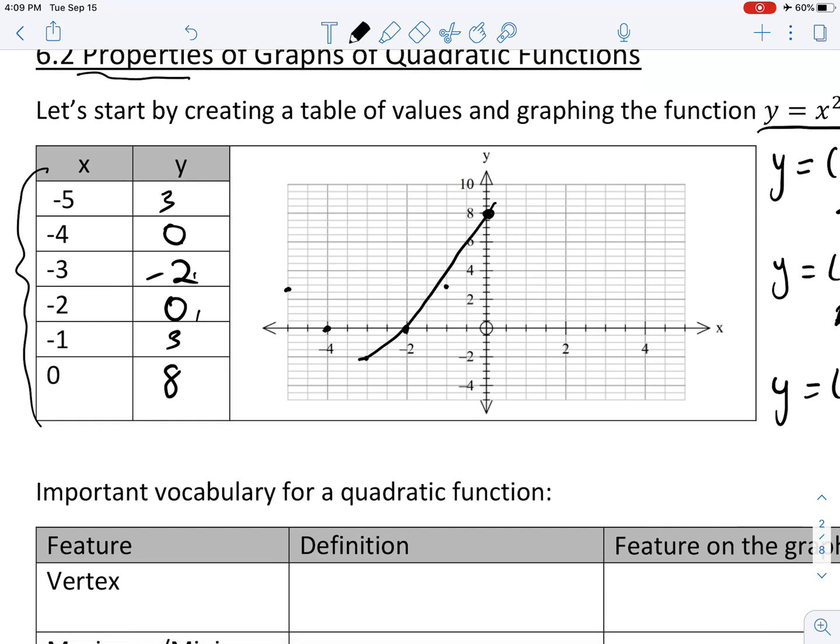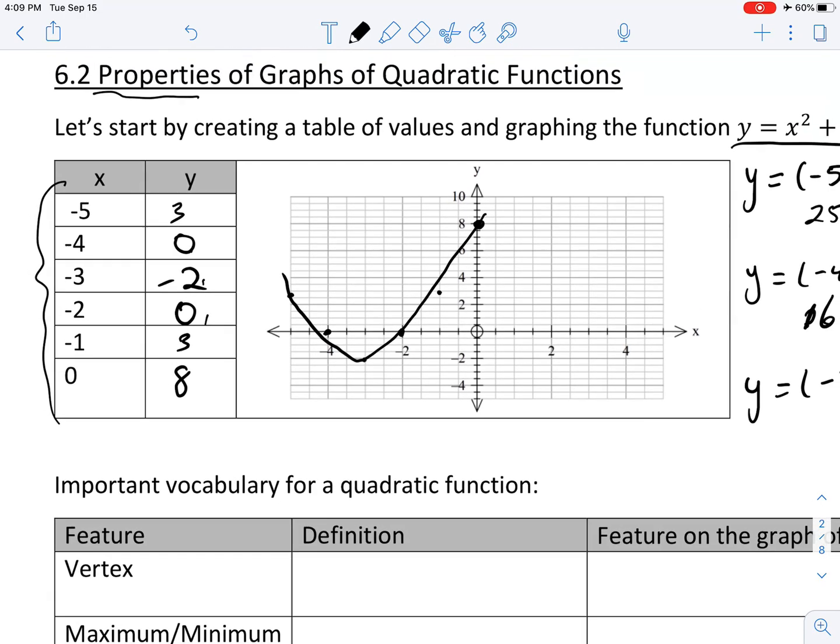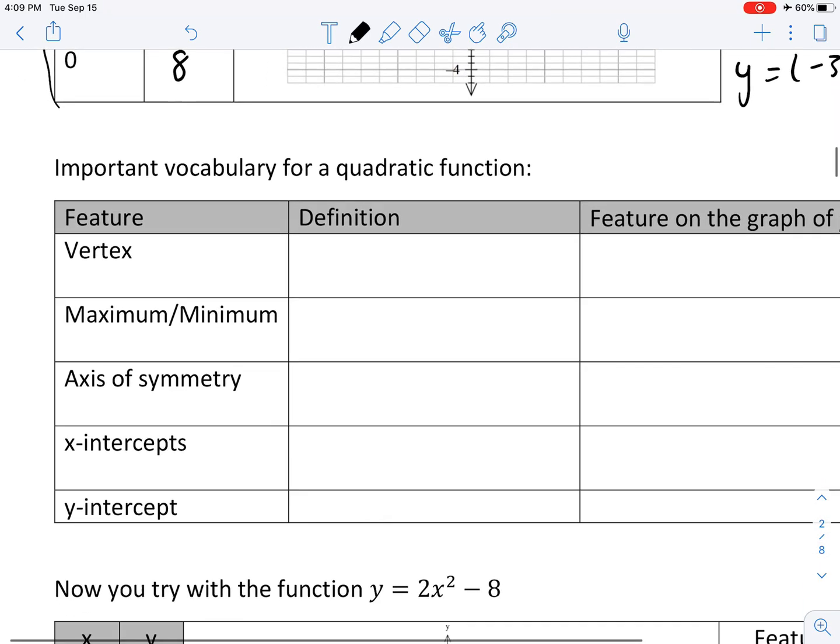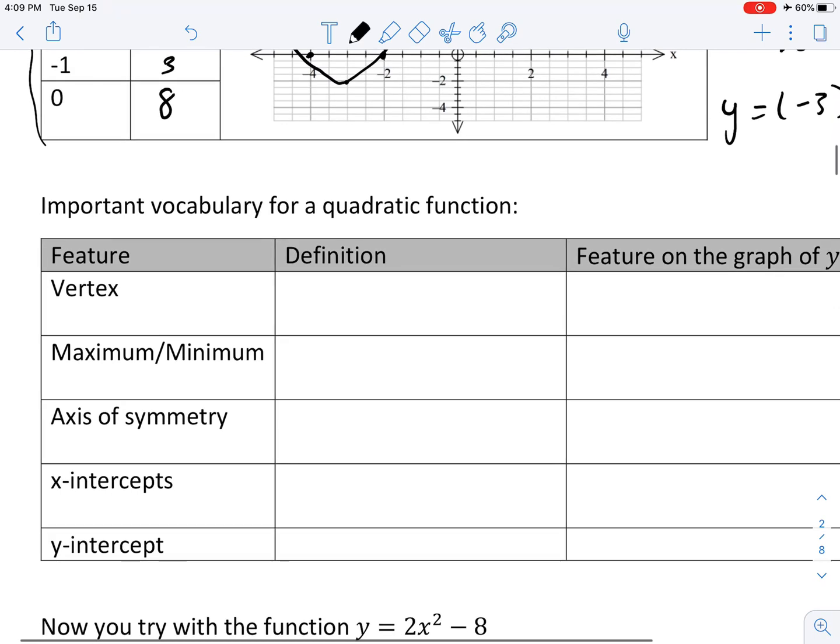So here is our parabola, more or less. And so what we're going to do is identify these features in this table below.